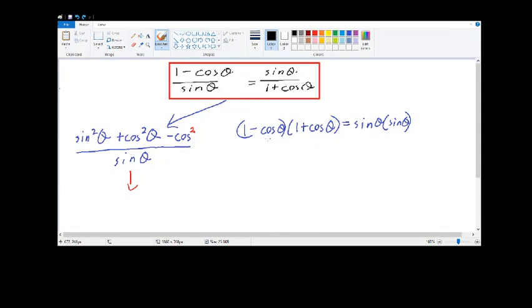So we would do first, 1 times 1, leaving us with 1. Outer, 1 times cosine as a positive. Inner, negative cosine times 1.